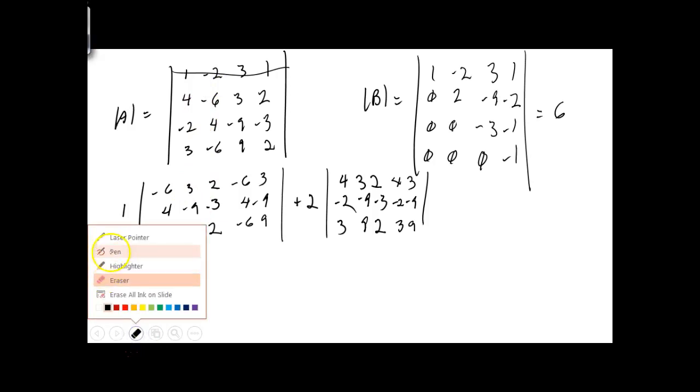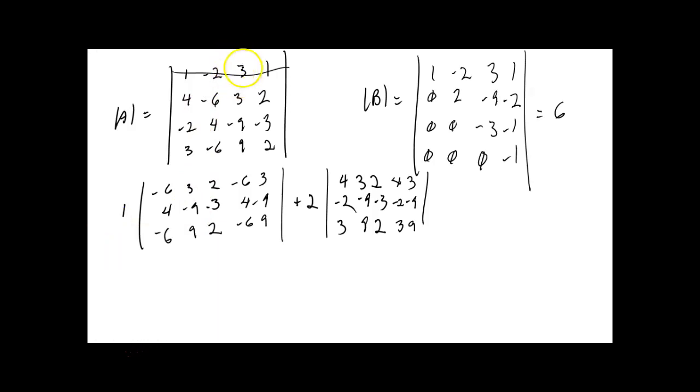Okay. Now we go to the third position in that row. And what position is that? Plus or minus? Positive. So that's going to be a +3. And what would be the matrix that I have left over there? 4, -6, 2.